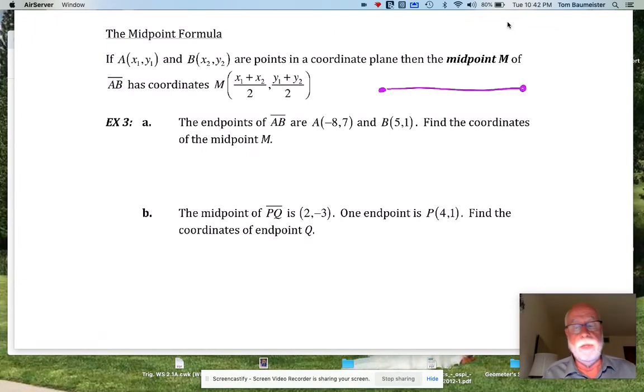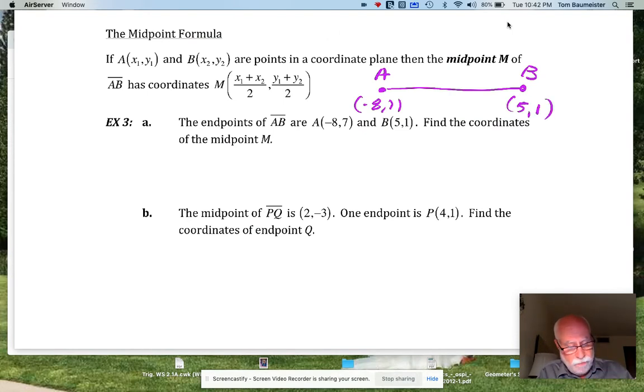We know it's not going to be straight, but that doesn't matter. All I have to do is show that A is going to be (negative 8, 7), and B is going to be (5, 1).